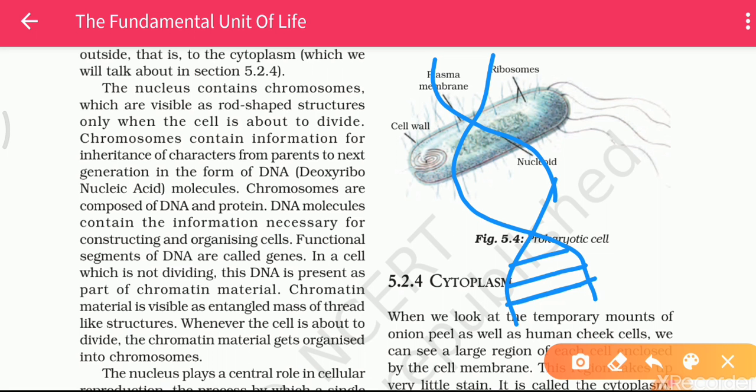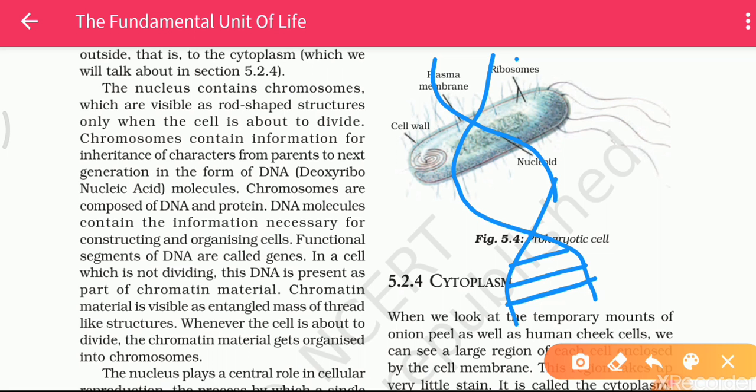Or we can say that a gene is defined as the functional unit of a DNA or chromosome that carries hereditary information. Then it can transfer the characters from parents to offspring. This is the function of this one.